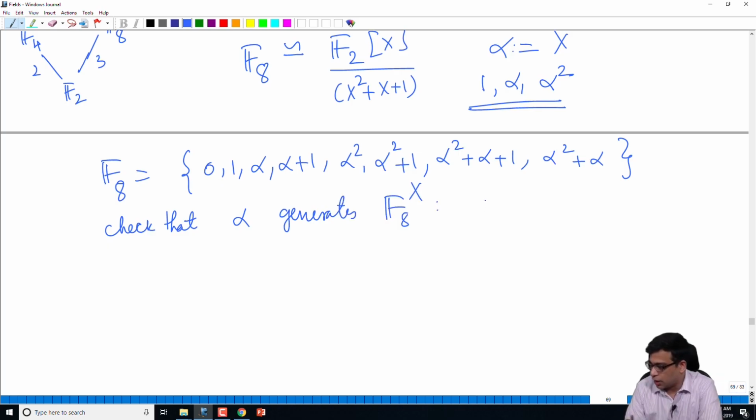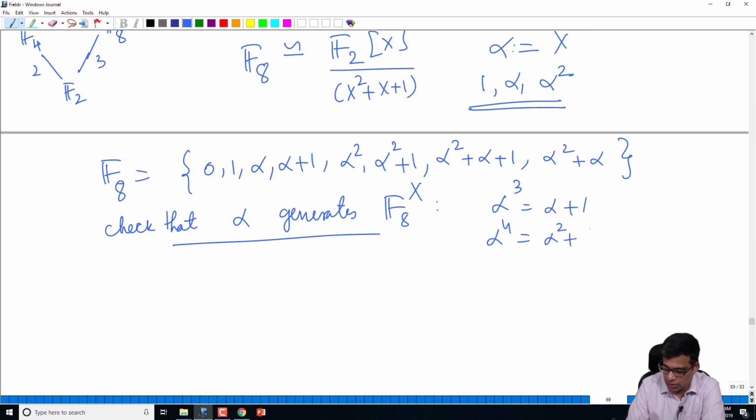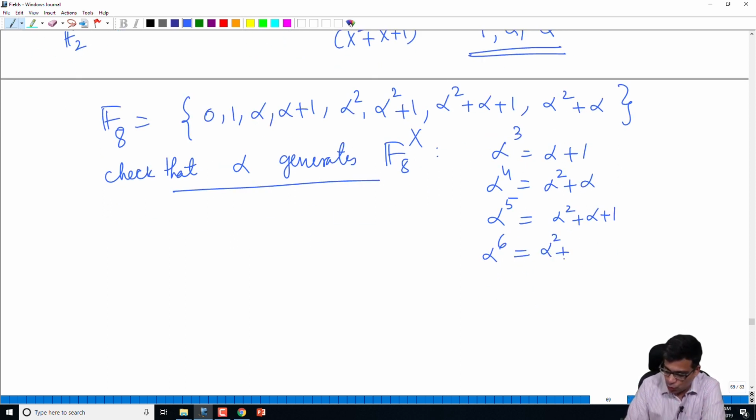Okay, because you can check here, alpha squared is there already, alpha cubed is alpha plus 1. You can check that alpha power 4 is alpha squared plus alpha, alpha power 5 is alpha squared plus alpha plus 1, alpha power 6 is alpha squared plus 1. Okay, and alpha 7 will be 1.